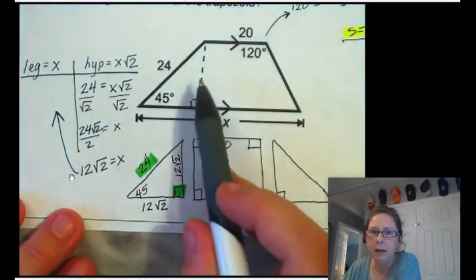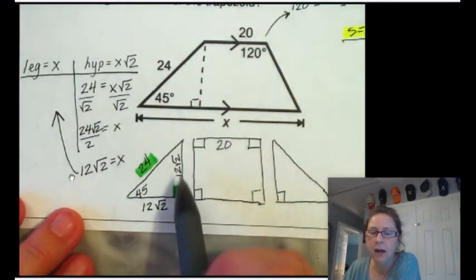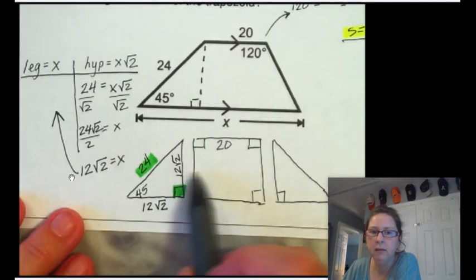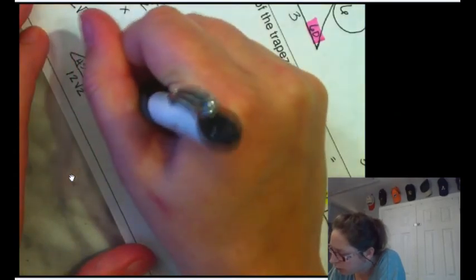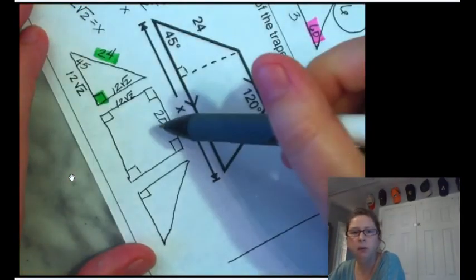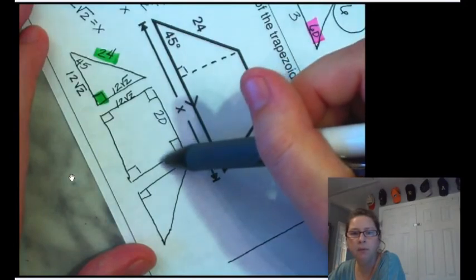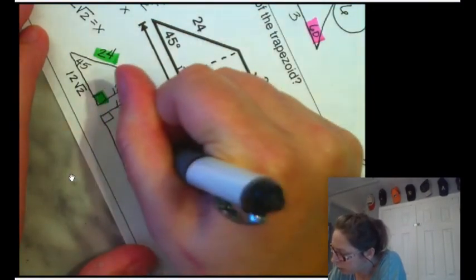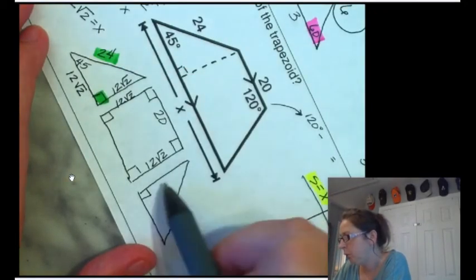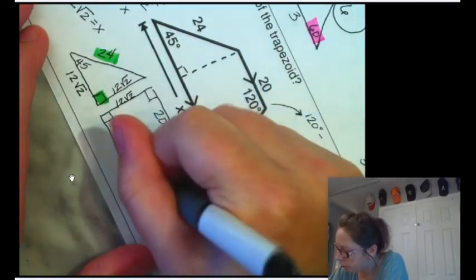Now, technically, this side of this right triangle and this side of this rectangle are the same side. So they're going to have the same measure. Okay. So this is also 12 square roots of 2. And this is a rectangle. So the side opposite is also 12 square roots of 2, which will make this 12 square roots of 2.